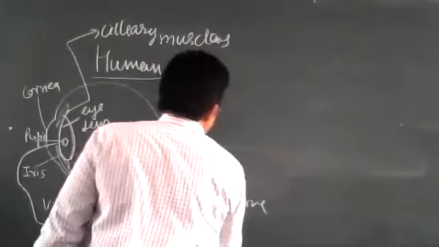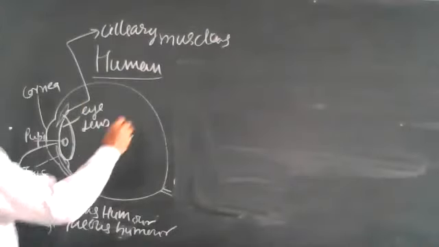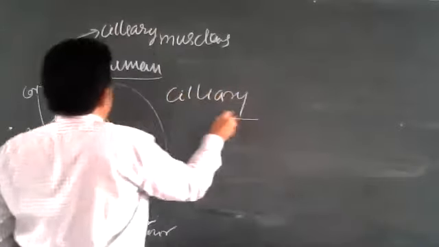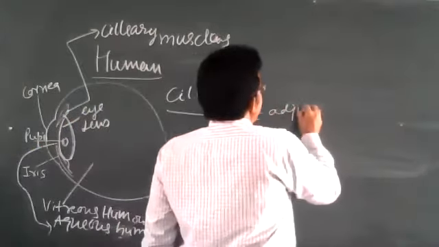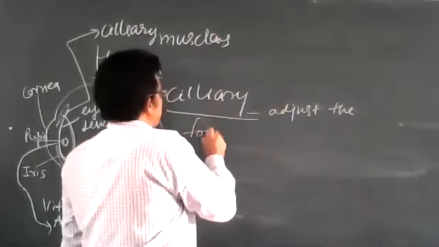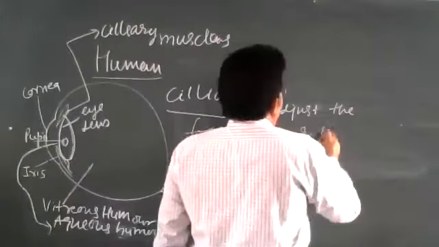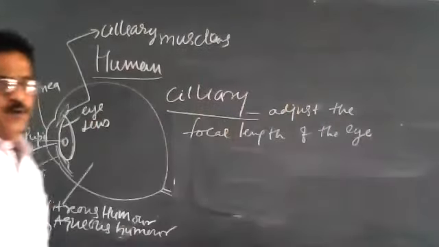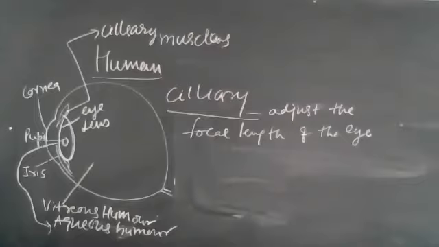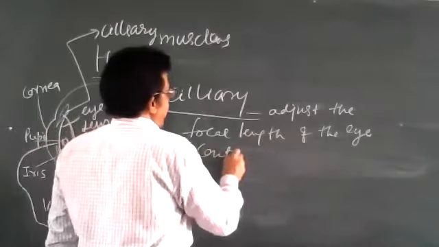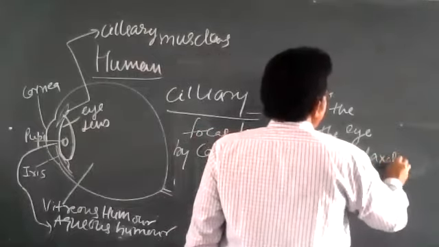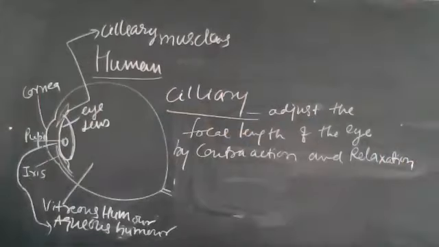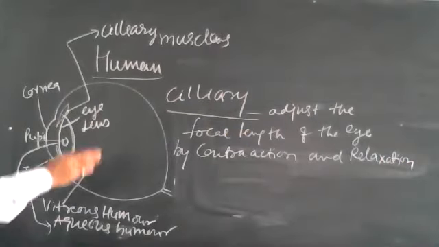Write down: ciliary muscles adjust the focal length of the eye lens by contraction and relaxation, so that a sharp image can be obtained.